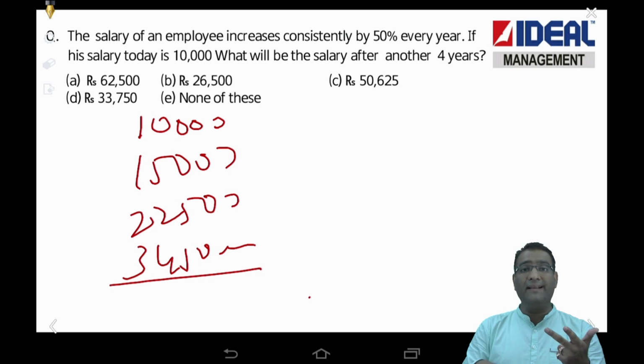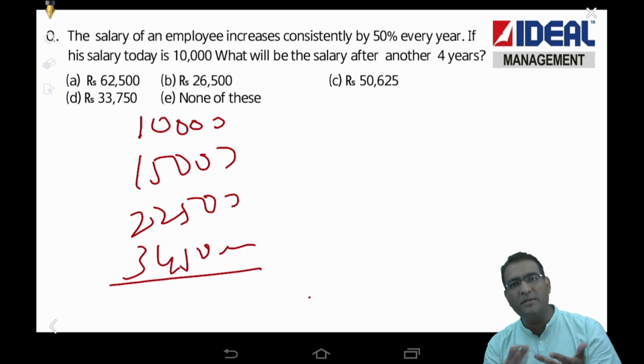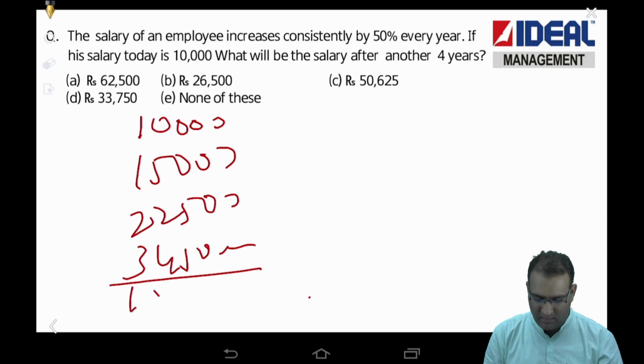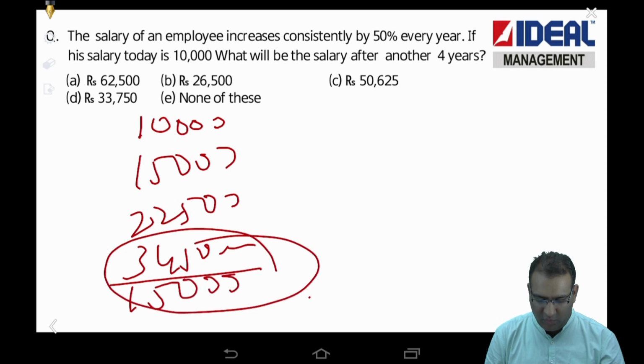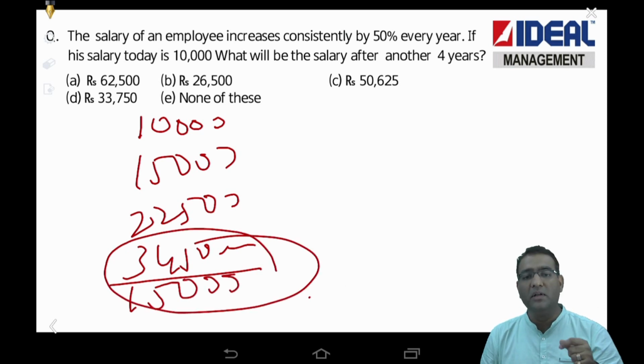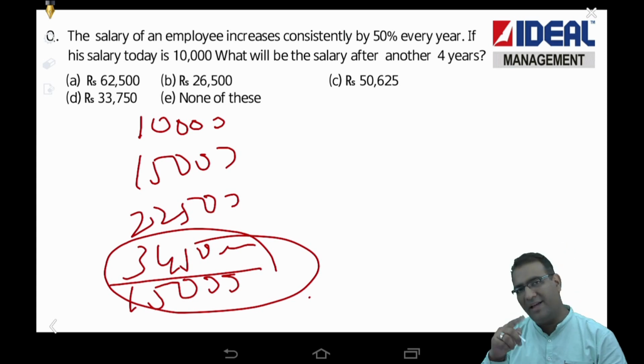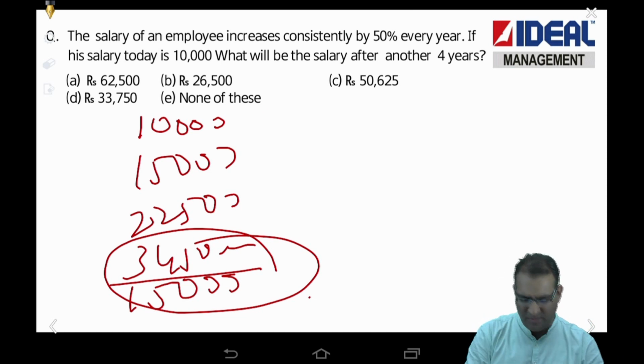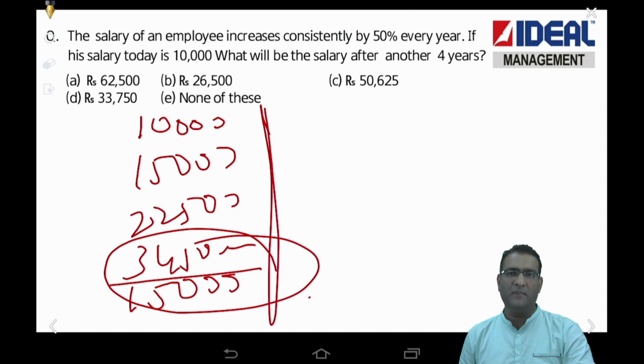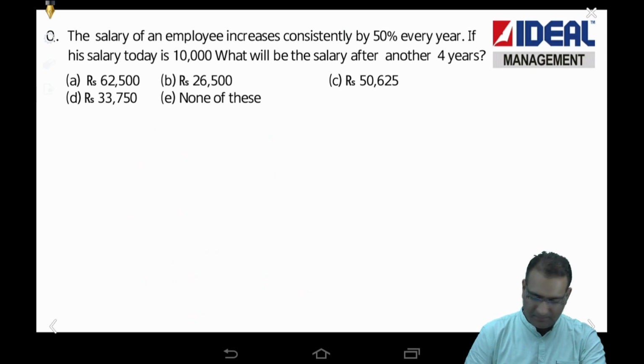Right? You add that, it becomes approximately 34,000, and then another 16,000, it becomes approximately 50,000. The reason I am taking approximation is why? Because my options are quite far away. So that is possible, but again I prefer the first method. Right? Because in this you have to write a little. Right? Okay, next, let's see.